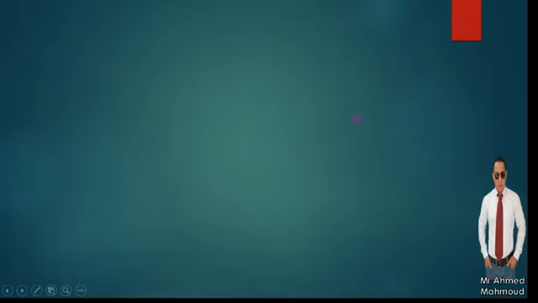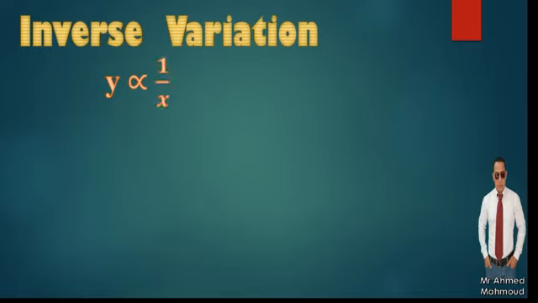Now let's explain the inverse variation. This symbol, as I said, is called varies, but here y varies as 1 over x, then it is called inverse variation. Read as y varies inversely as x.